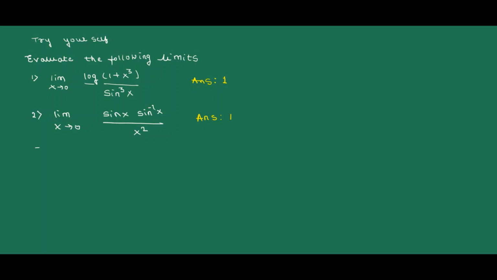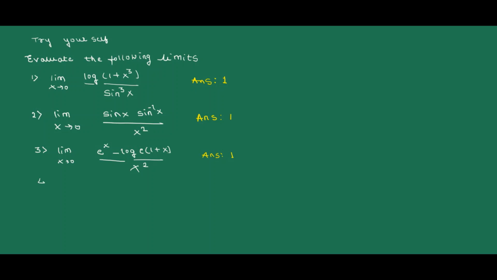Next, third example, limit x tends to 0 of e raised to x minus logarithm of e into bracket 1 plus x, divided by x square, and its answer is 1.